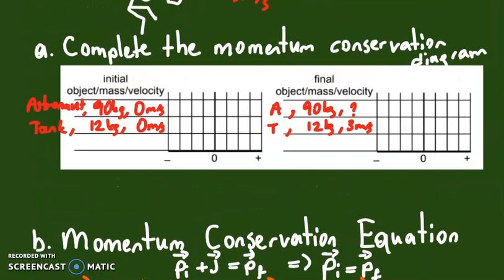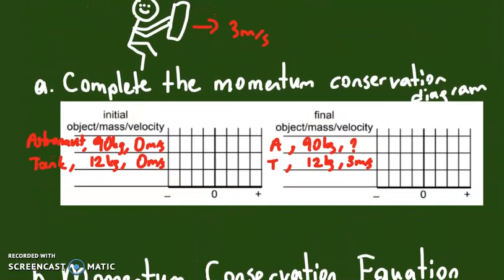Now I would like to go to the conservation of momentum diagram. Here, what we found is 2.5 meter per second, and this is, by the way, going to be negative. Initially there is no momentum. Finally there is momentum.